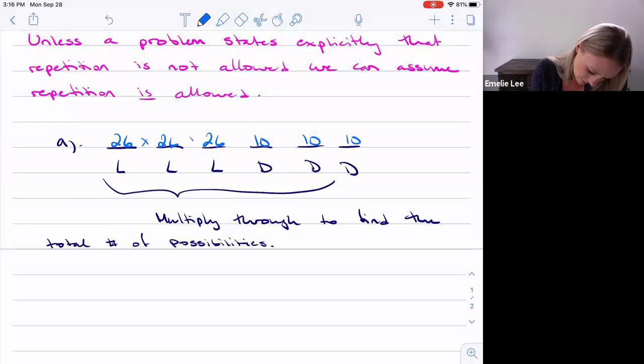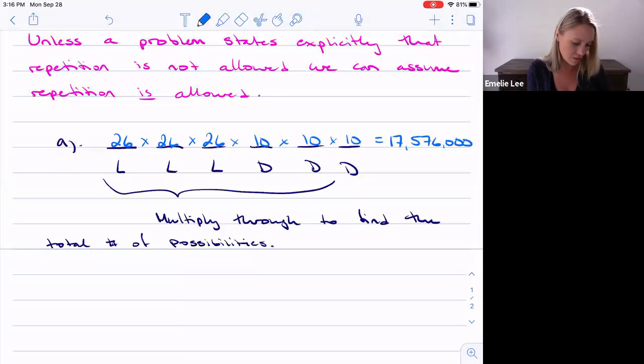If I multiply through here, what I get is 17,576,000 different possibilities. It's a lot of license plates, right? I think there are probably some license plates that aren't allowed, so they would get pulled out, but we're gonna pretend that they don't exist.